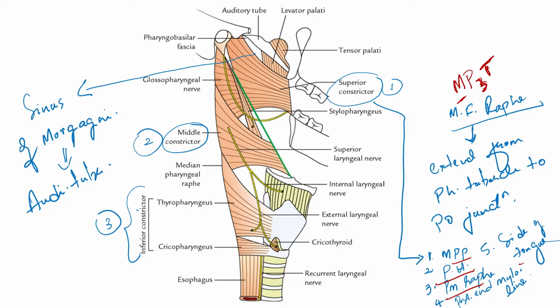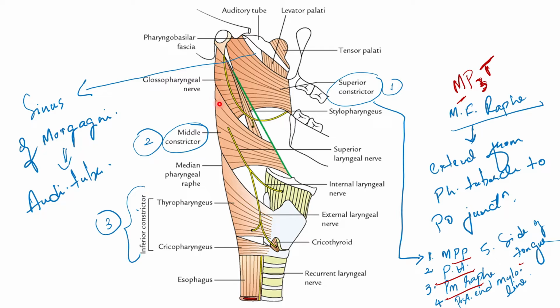Moving on to the next muscle beneath the superior constrictor, which is called the middle constrictor muscle. The middle constrictor is seen to take its origin from the hyoid bone, that is the upper surface of the greater cornu as well as the lesser cornu of the hyoid bone.